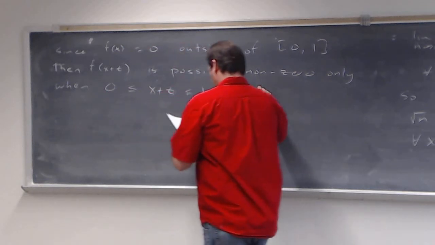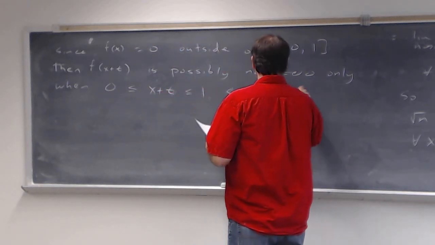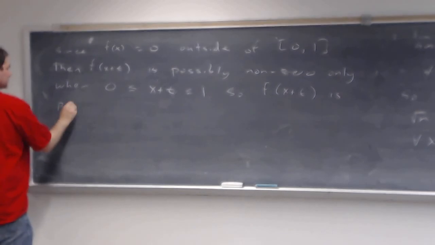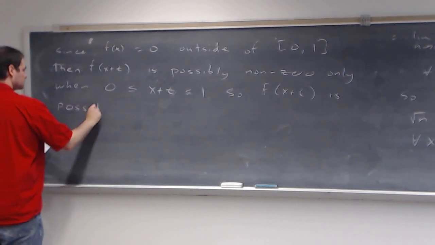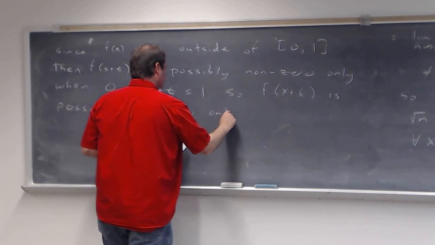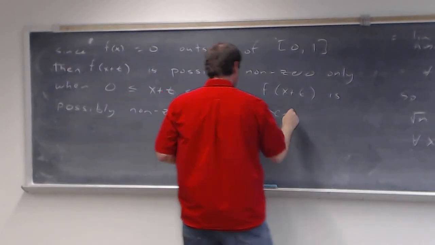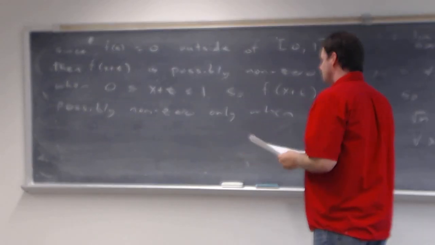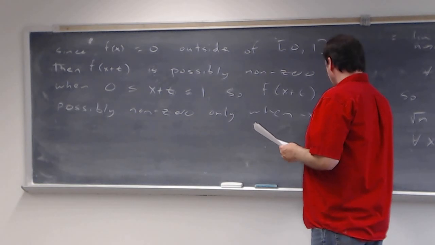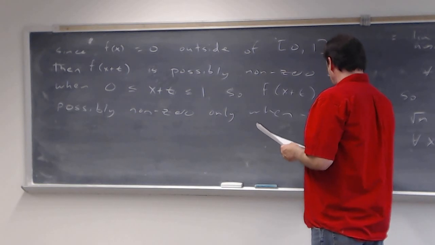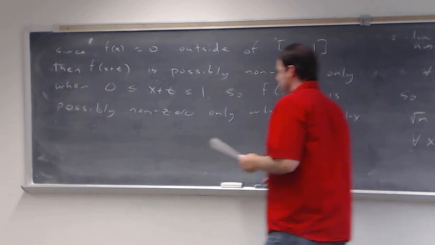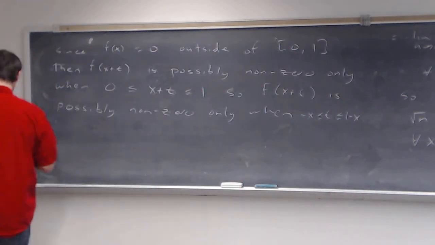So that means that f of x plus t is possibly non-zero only when minus x is less than or equal to t is less than or equal to 1 minus x. And we're solving for t here.